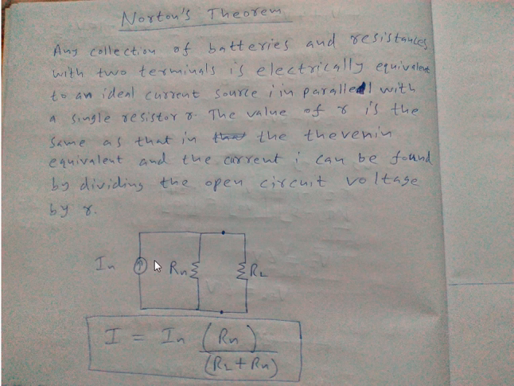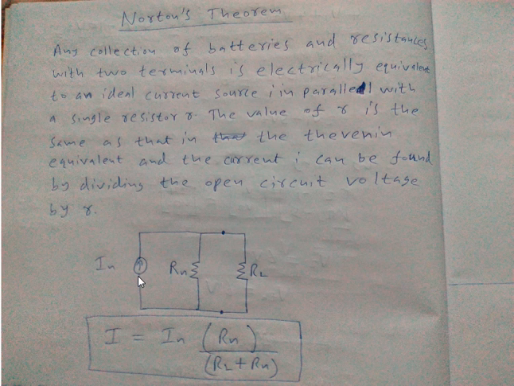So there is a voltage in an entire circuit, and we can replace that with an equivalent current, which should be parallel to a resistor. That is what they say. This is what the definition is all about, and this is the diagram.